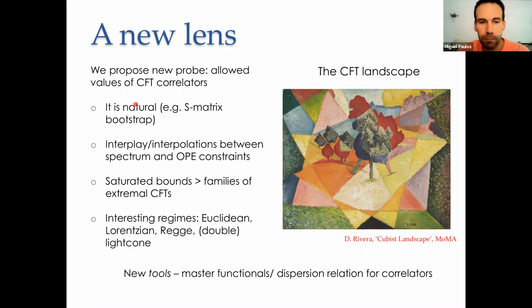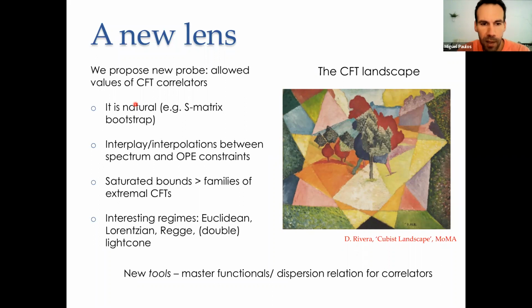So you get families. And there are several interesting regimes to probe. There's the Euclidean regime, which is mostly what I'll talk about. But you can go to Lorentzian kinematics, and there you have access to the light cone or double light cone, Regge limits, and so on. So I think it's interesting to explore this.